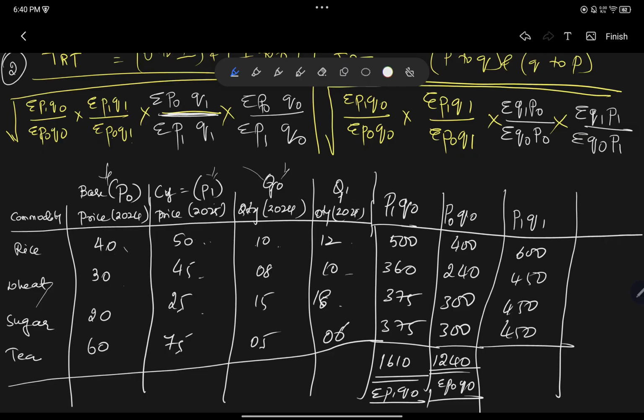So 600 plus 450 plus 450 plus 450 is 1950. What is this? This is summation of P1 Q1.